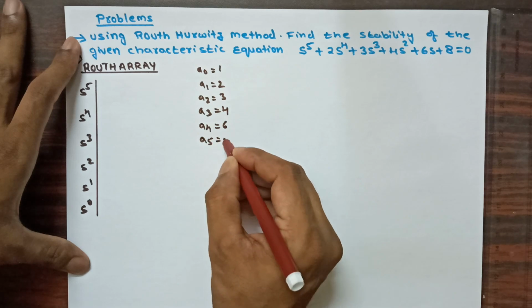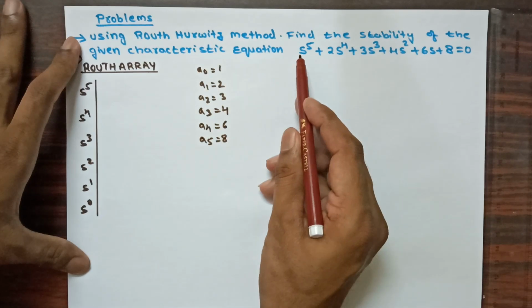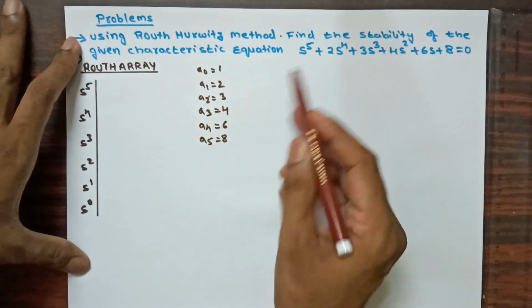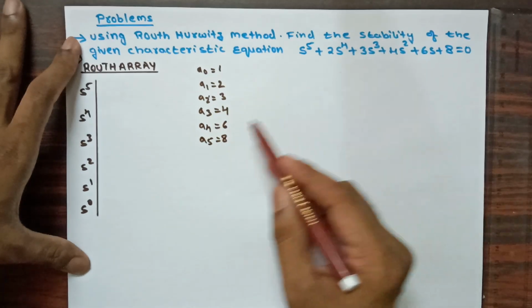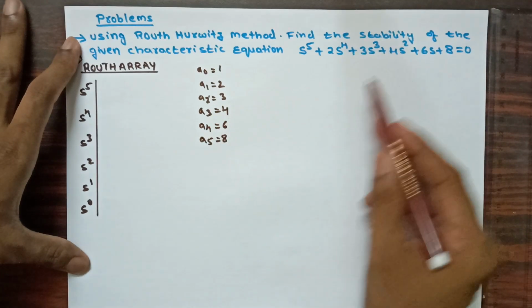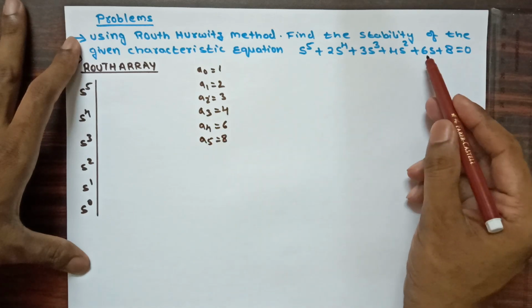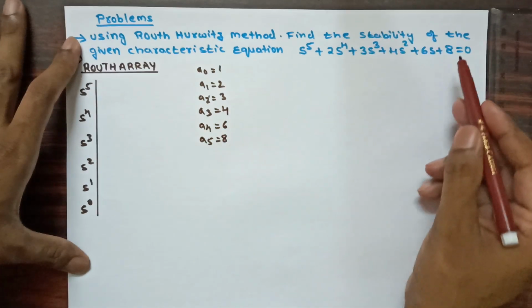So a0 is 1, a1 is 2, a2 is 3, a3 is 4, a4 is 6, a5 is 8.